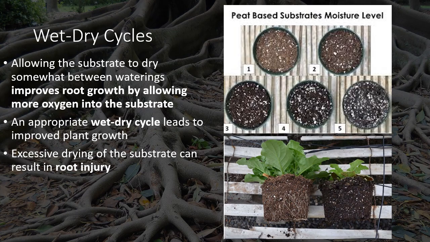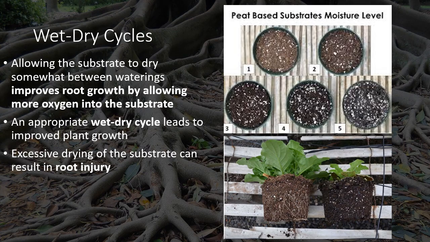What we want to do is alternate between a slightly higher level of moisture and a slightly lower level of moisture. That wet-dry cycle allows the plant to get a lot of water. And then as the media dries out a little bit, that allows oxygen into those pore spaces to keep the plant healthy. Allowing for a wet-dry cycle leads to really vastly improved plant growth.